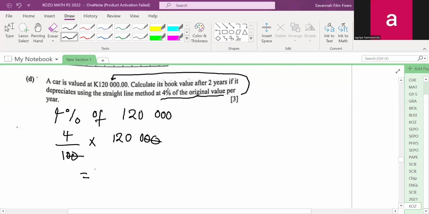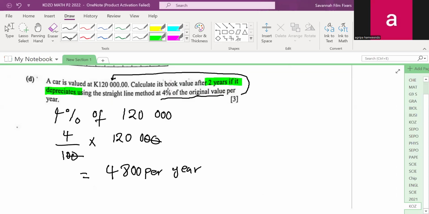So here we're going to get 4,800 kwacha per year. Hold on, it's 2 years. So we have to multiply this by 2 because this one is just for 1 year. We need to find how much it's depreciated by after 2 years.